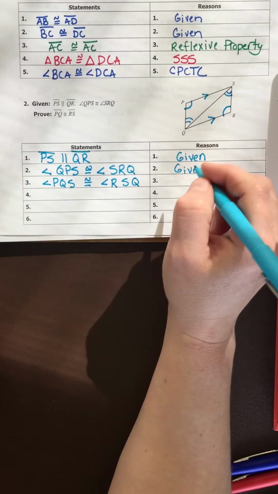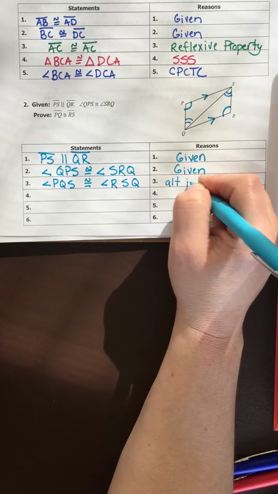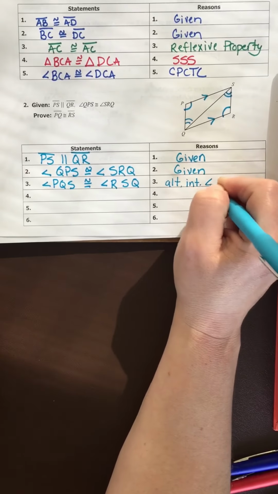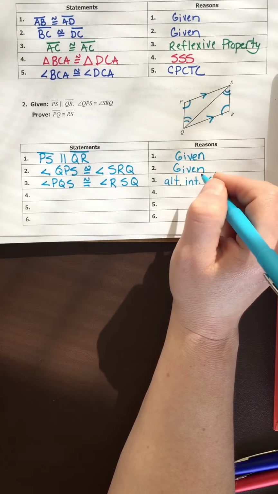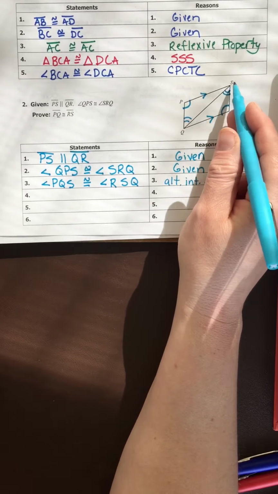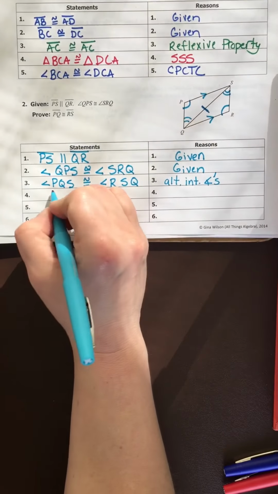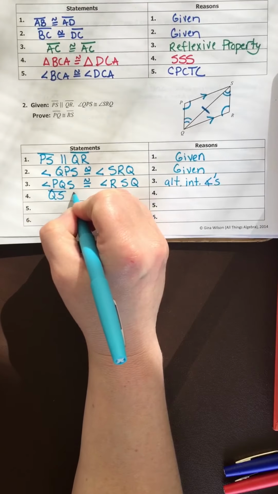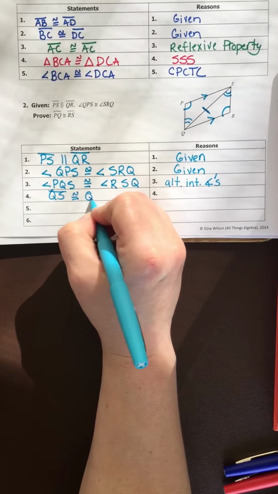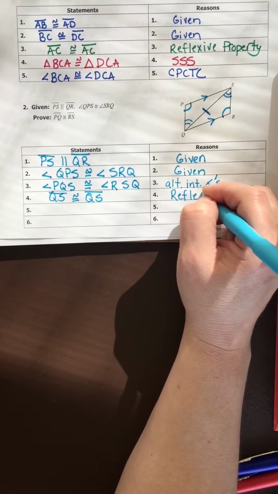That is because they are alternate interior angles. Alright, and then we also know that they share this side, so it's congruent to itself. So I can say QS is congruent to QS. And that's the reflexive property again.